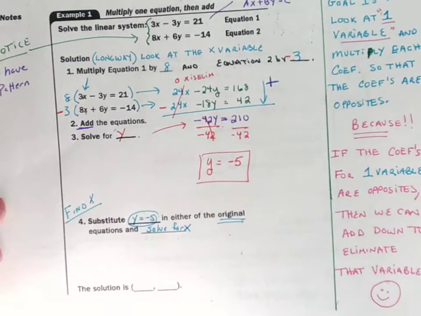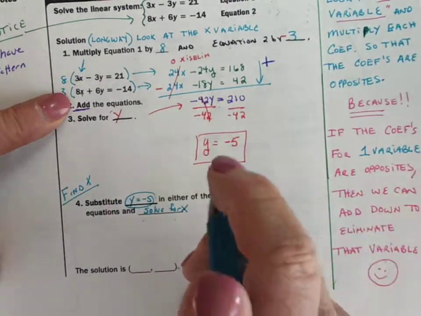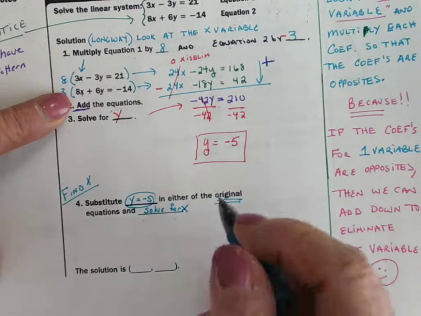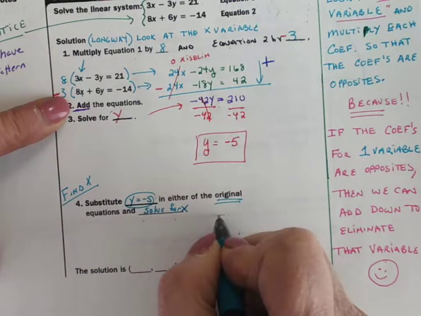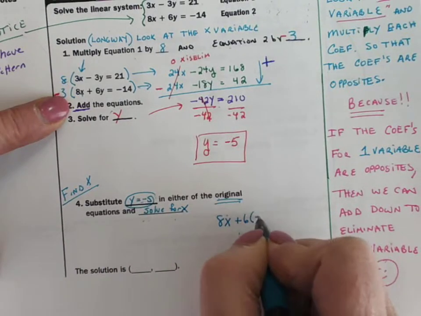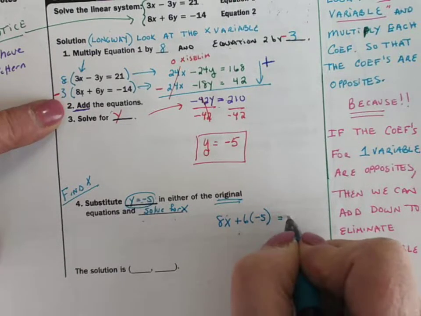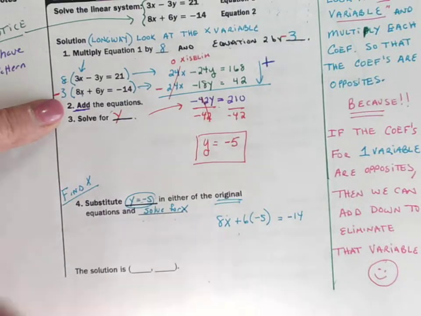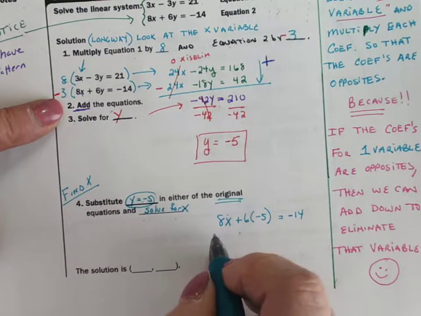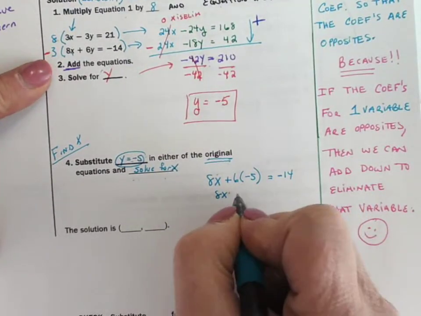Look at these two equations, and I think I'm going to pick the bottom one. I think that might be a little bit easier, but it doesn't matter. So I have 8x plus 6, y is negative 5, equals negative 14. Now solve for x. You do it, I'll do it, and we'll make sure that we're both correct.